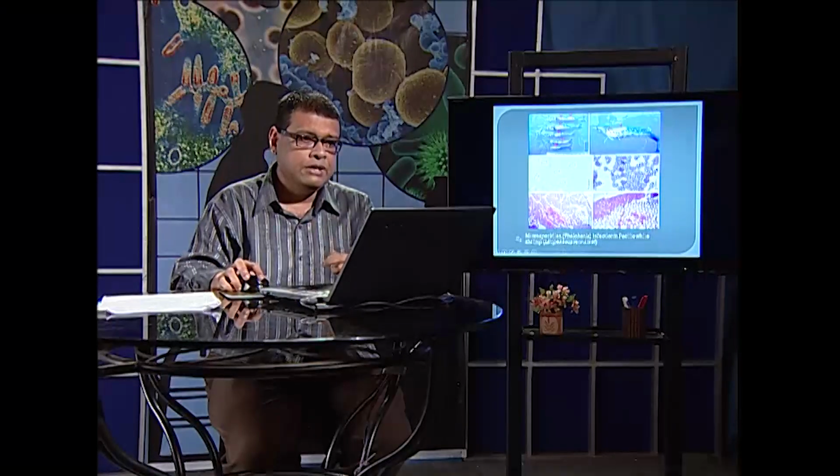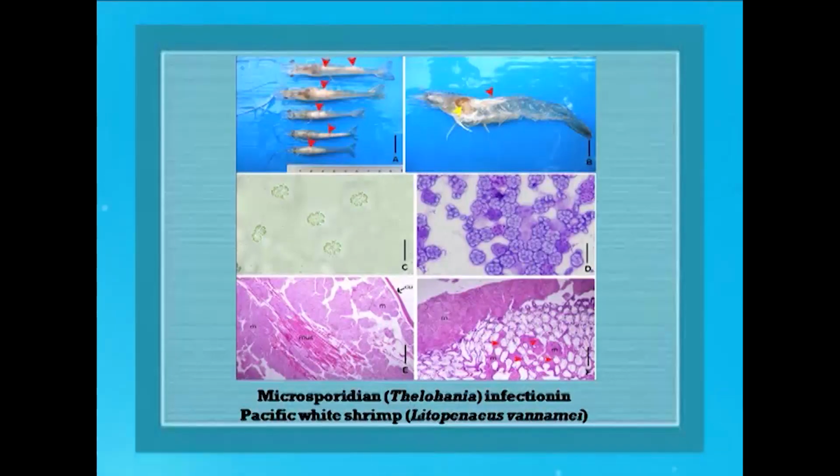Say for example, this is a microsporidian, Thelohania, which is an infection-causing organism in this particular shrimp. You can see this infection is occurring in the shrimp body, and these are the spores of this Thelohania, and they can also grow in the muscles, in the gills, and even in different parts of the digestive system.